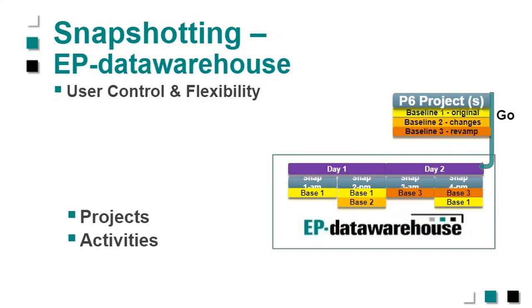This is just an example of what we would do with an EP Data Warehouse. A user can decide when they want to snapshot a project, when they want to capture that information. They can decide what information they're going to actually capture. And it's going to capture the information both at the project and the activity level.